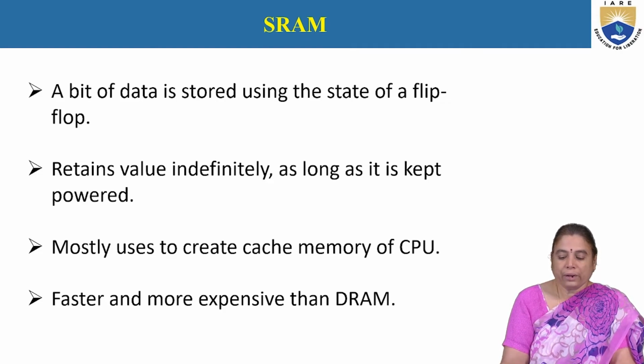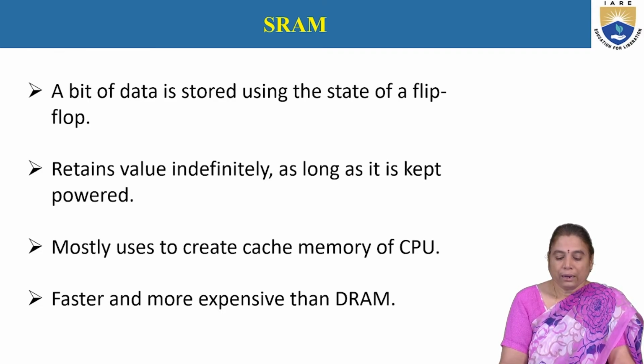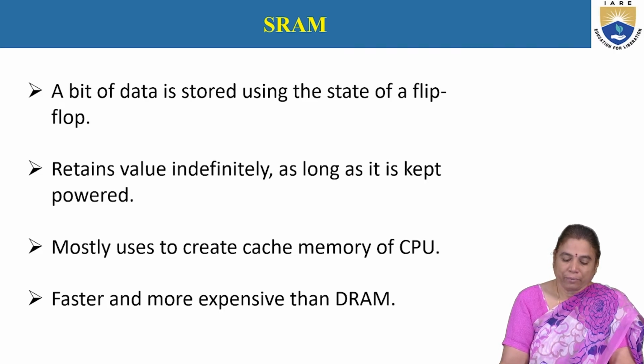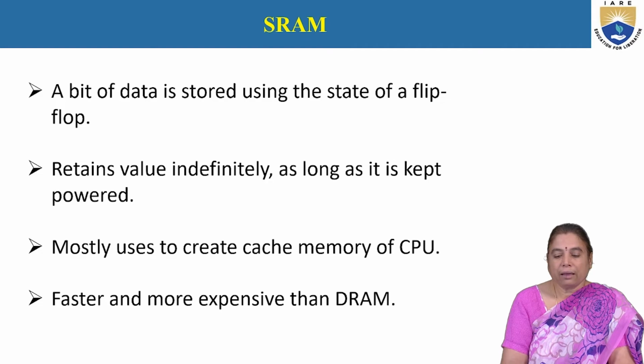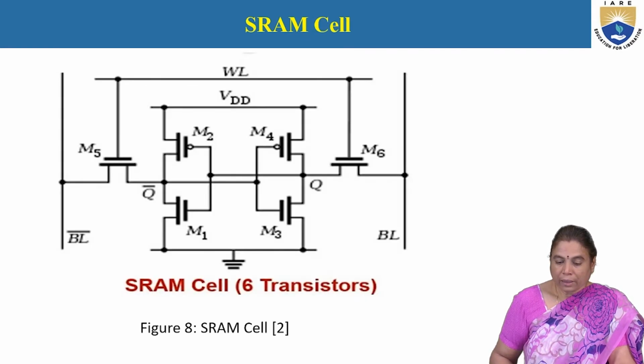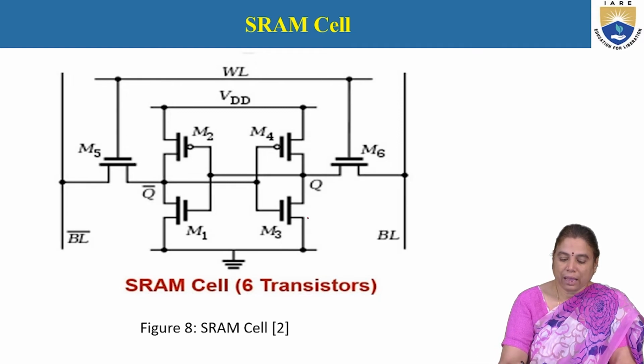It is mostly used to create the cache memory of the CPU. The cache memory is a small high-speed memory placed between the CPU and the main memory. Static RAM is faster and more expensive than the DRAM. One memory cell of static RAM is constructed with the help of 6 transistors.